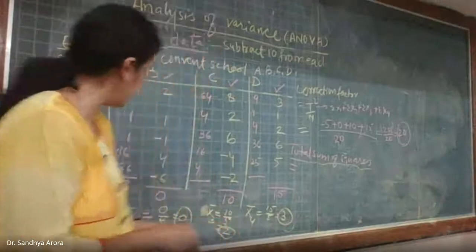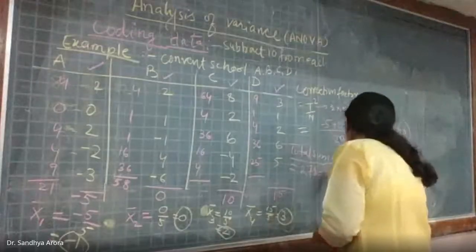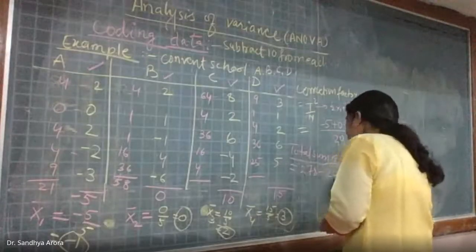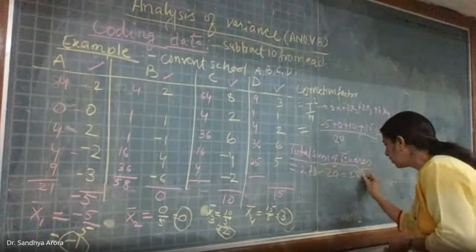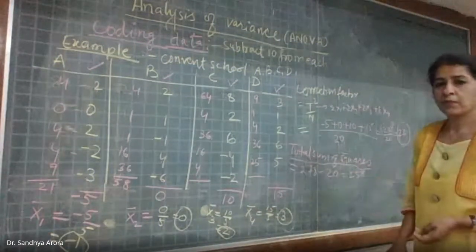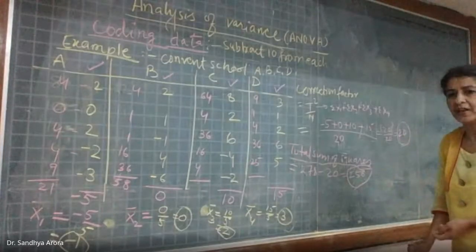Total sum of squares कितना आया है? 278. 278 minus 20, correction factor 20, is 258. So this quantity is still the same.